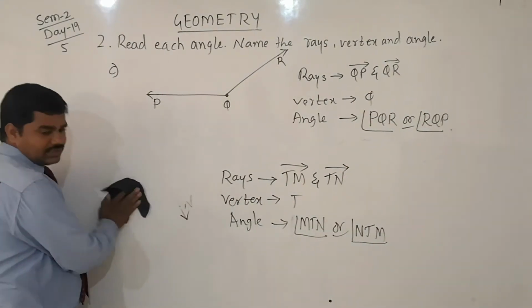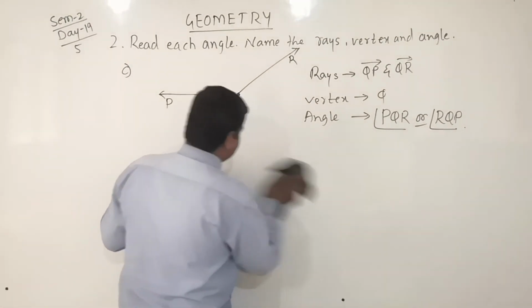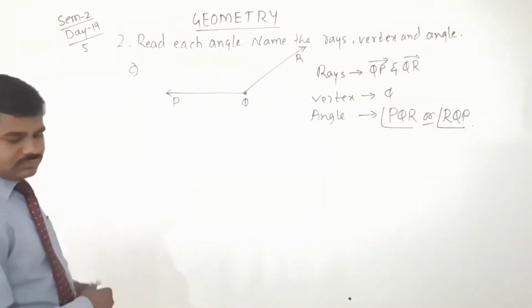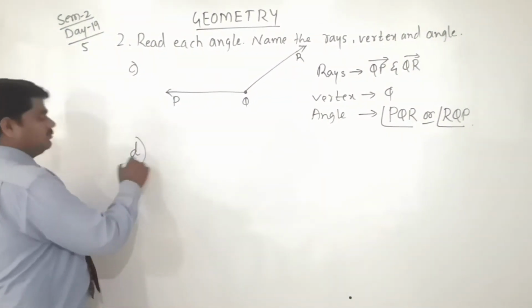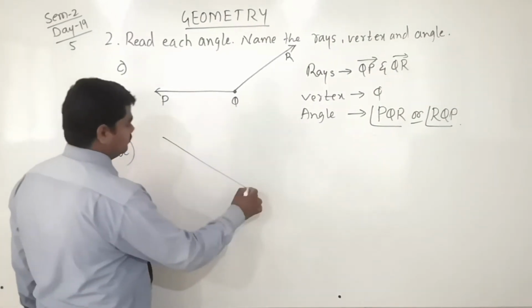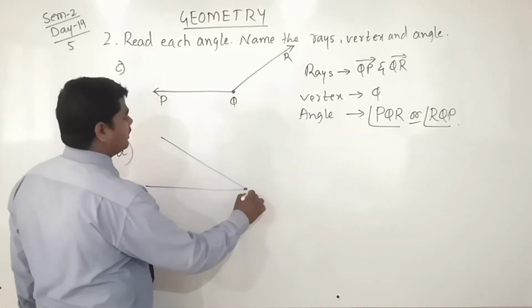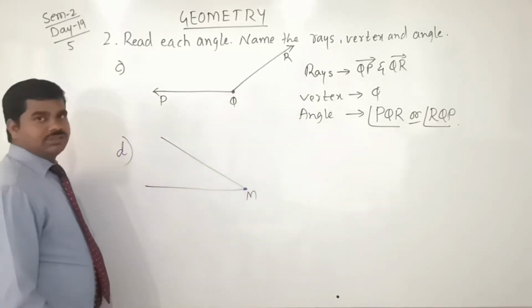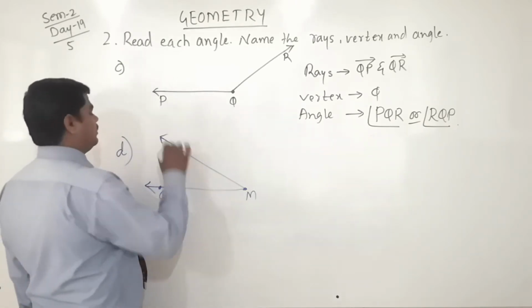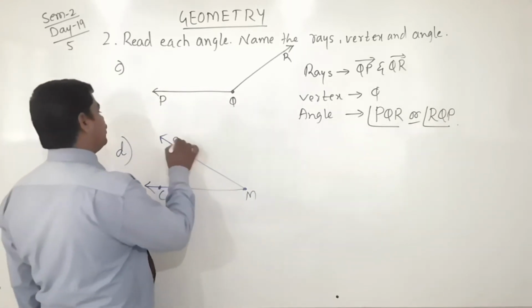Okay. Very simple figures are given here. M is a common endpoint. C is one ray on one point of the ray.